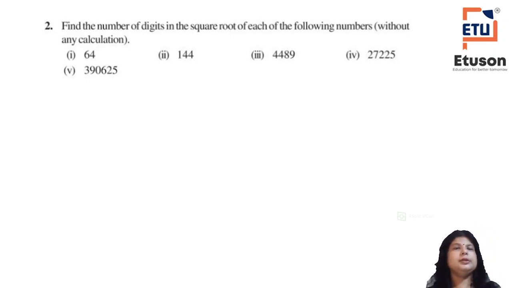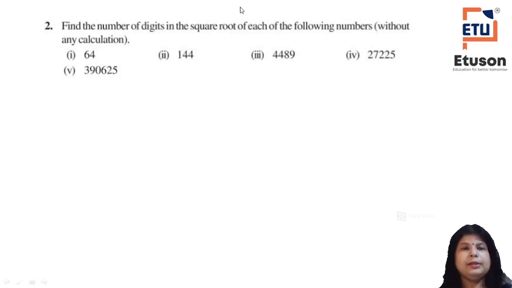So now let us go to question number 2. Find the number of digits in the square root of each of the following numbers without any calculation.